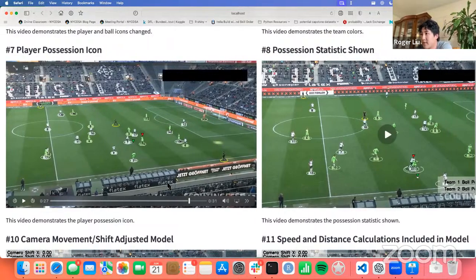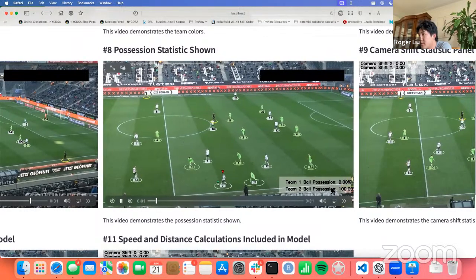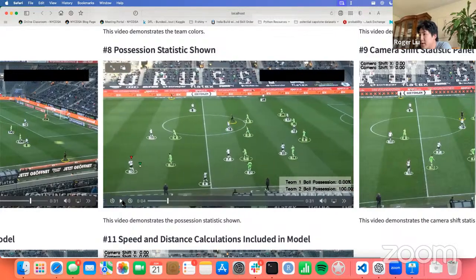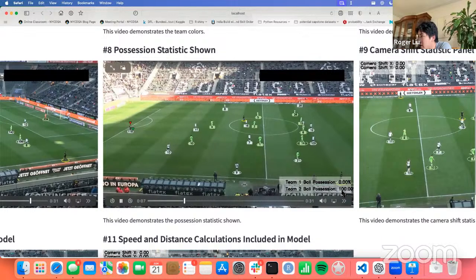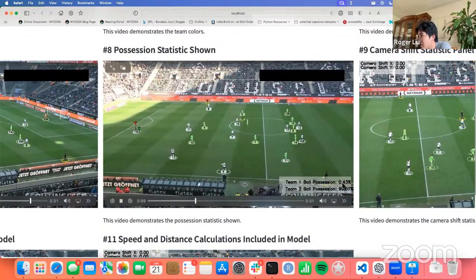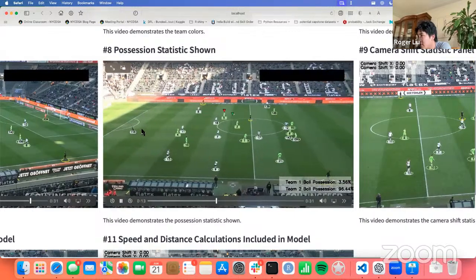And because we now have whoever possesses the ball, as well as the teams and where the ball is, we can determine the possession. Here we see that only the white team has touched the ball, so it's at 100%. There's a little bit of jitter here, because the model keeps reclassifying this guy over and over again for some reason.